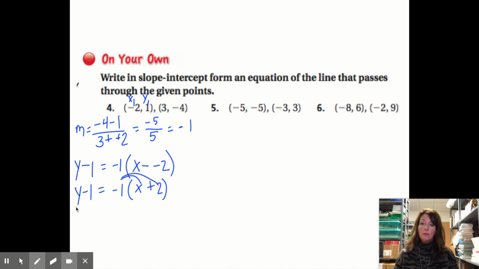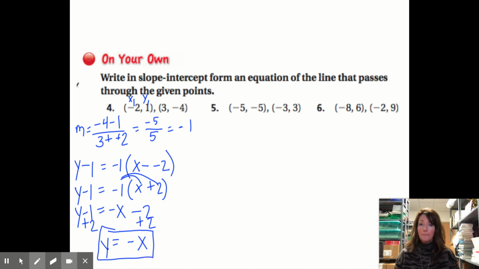Now we'll distribute. Y minus 1 is equal to -1x or -x and minus 2. Then we'll add 2 to both sides. So we'll get y is equal to -x plus 0, or we could just leave it as y is equal to -x.